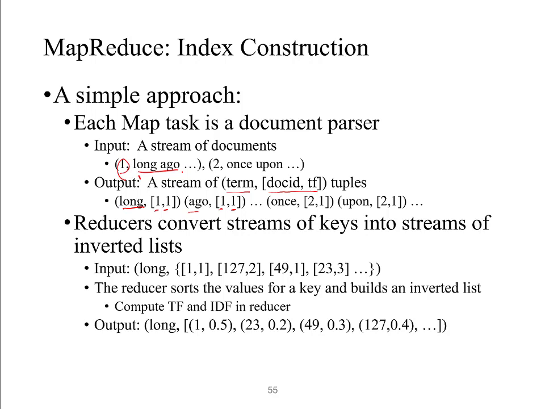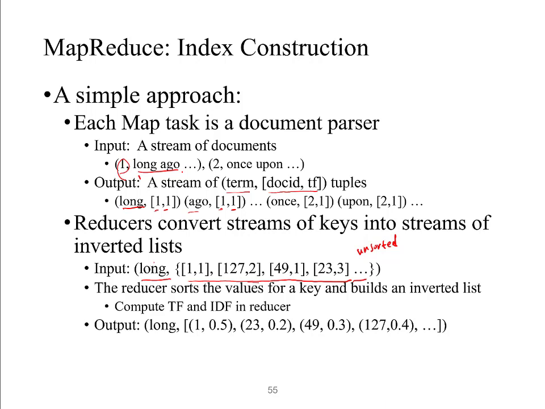So for the reducer, it needs to convert the streams of keys into streams of inverted lists. So again, the input would be key value pairs. This is the key, and the value is a list, unsorted, right? Unsorted, because they come from different partitions.